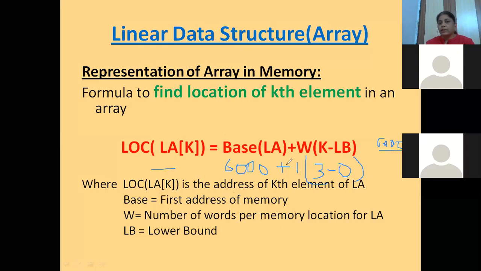So when you calculate, तो 6,000 plus 3 आ जाएगा. तो your address of the third element is 6,003. यही था पीछे.